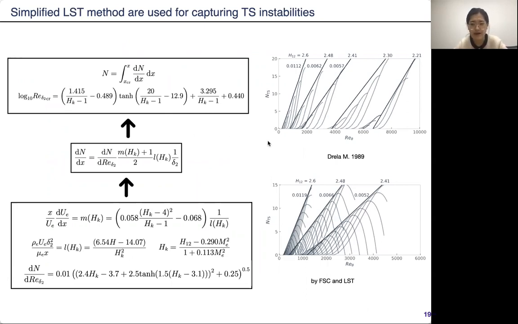In the beginning, I used the exact linear stability theory method, and for the transition module part, as it involves the boundary layer integration, it is serial processing. So for the whole transition module part, it only uses one processor.